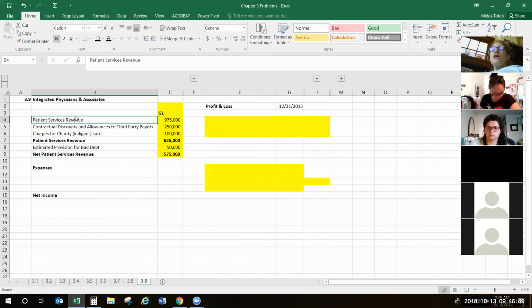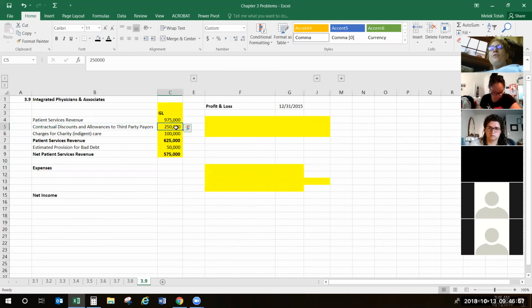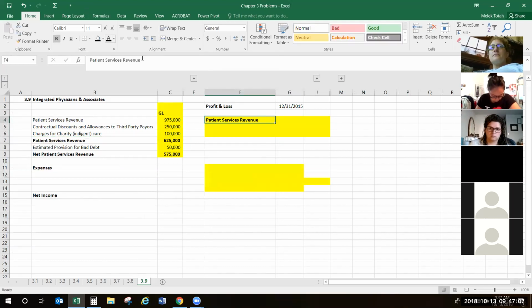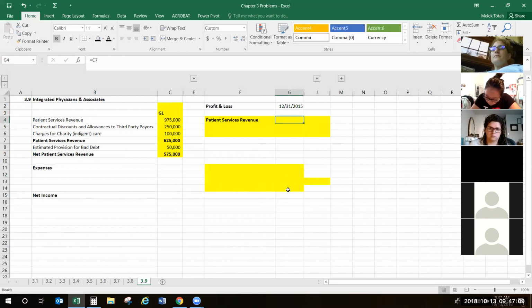So I guess the question is, do you put your gross patient services revenue before all these discounts, or do you put your net number? Can someone clarify that? Anybody remember that piece in the book? Anyone want to take a stab at it?